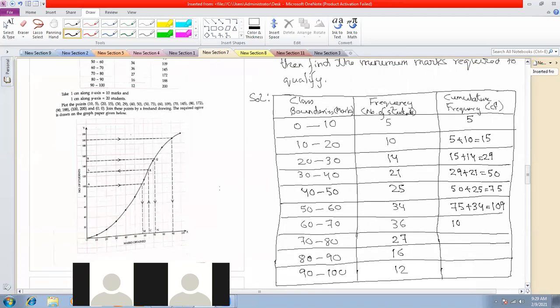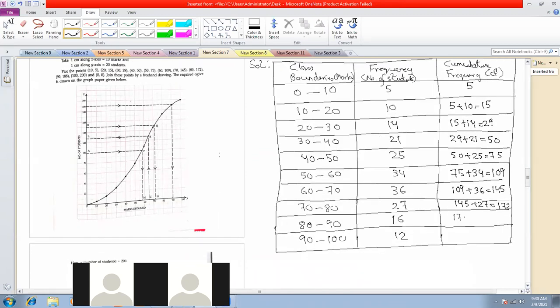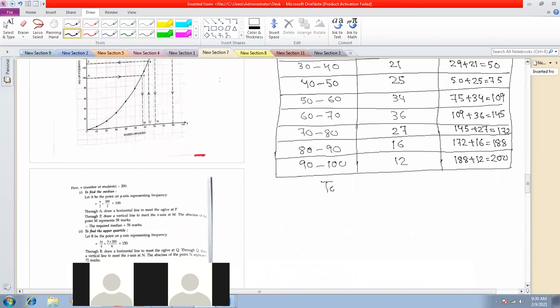Next 109 plus 36, which is 145. 145 plus 27, which is 172. 172 plus 16, which is 188, and 188 plus 12, finally, which is 200. So your total frequency here is n equal to 200.